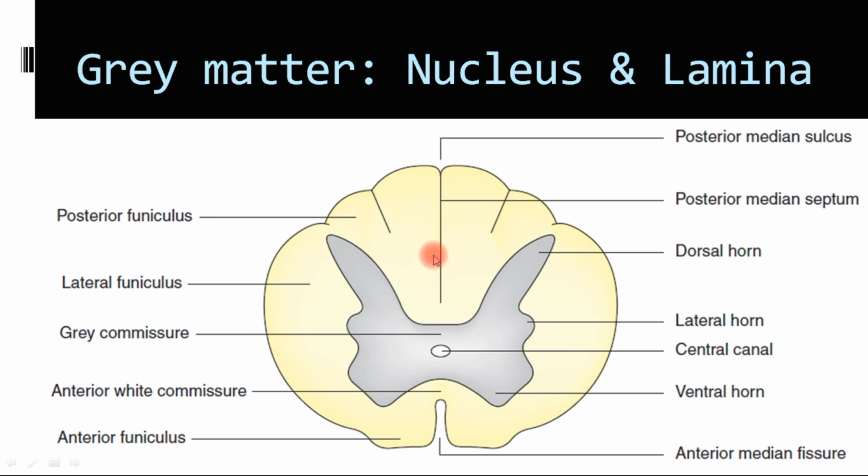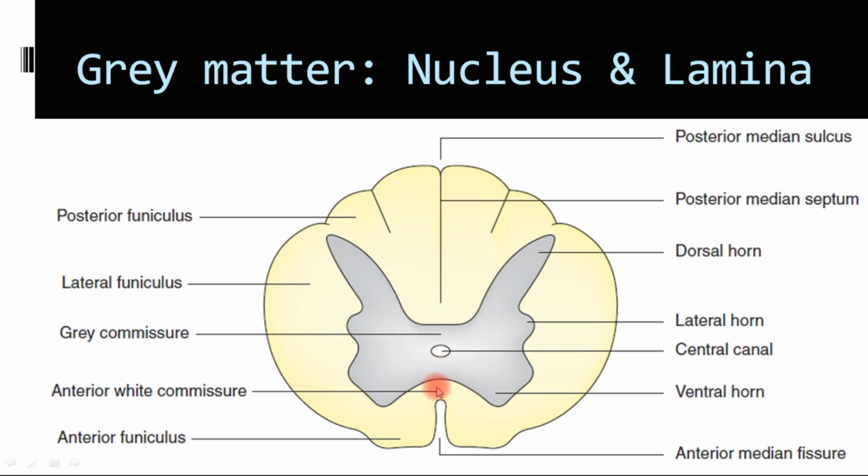Then come the commissures: the anterior white commissure and the posterior white commissure, which connect the two halves of the spinal cord.